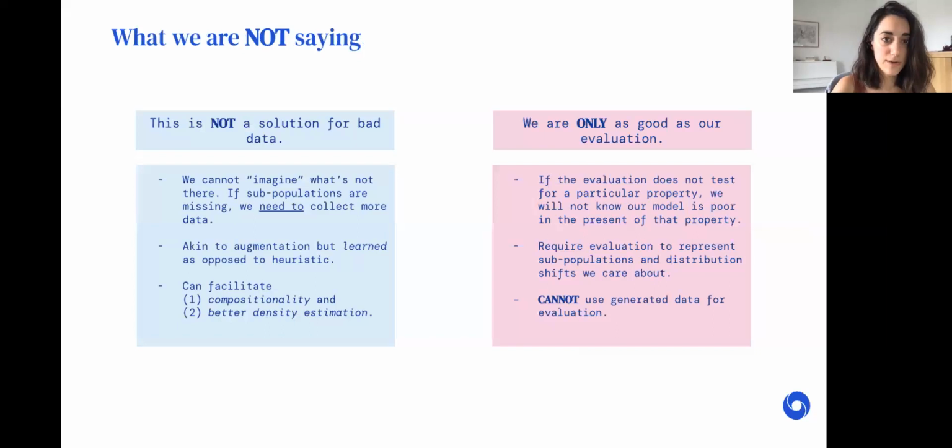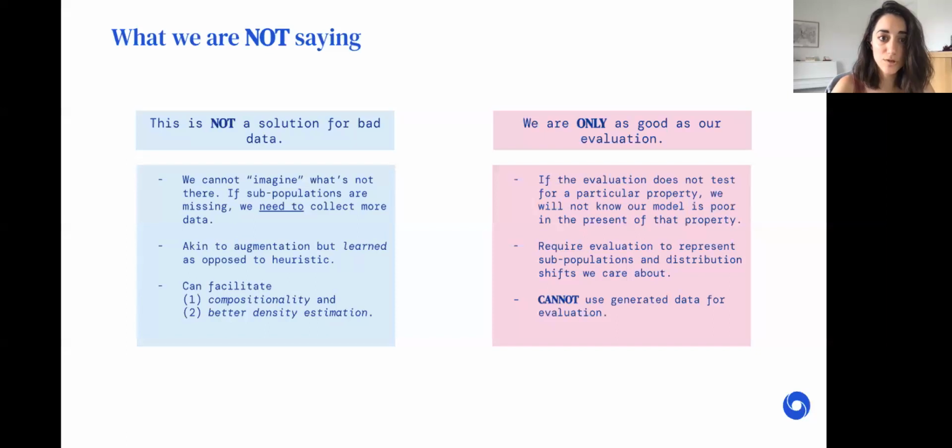So to reiterate, what we are not saying in this work is that synthetic data is a solution for bad data. We cannot imagine what is not there. So we cannot imagine parts of the data distribution that we have never observed. And additionally, we are only as good as our evaluation.